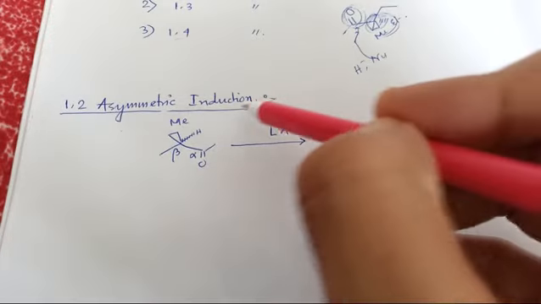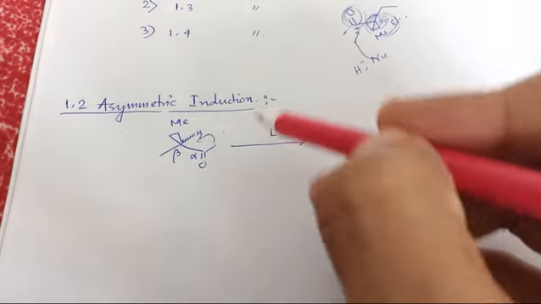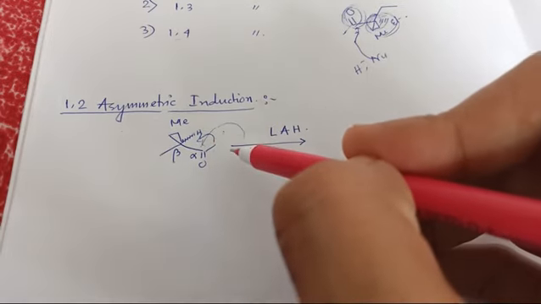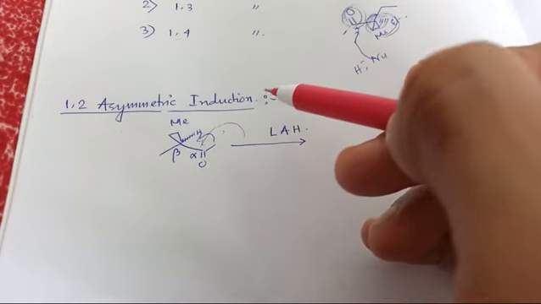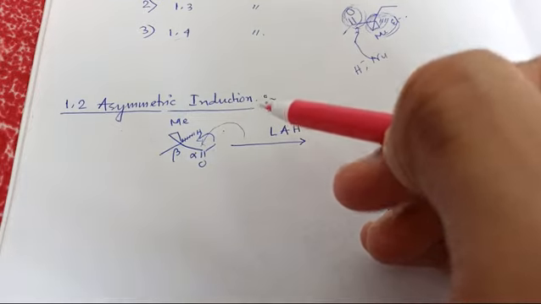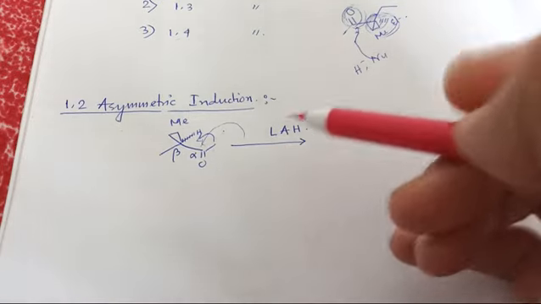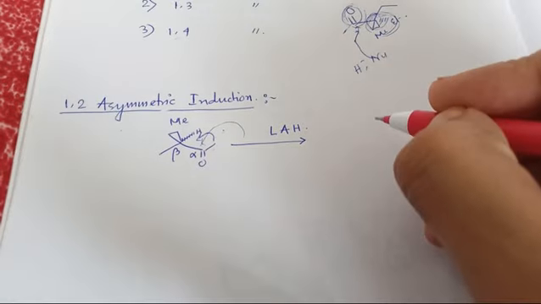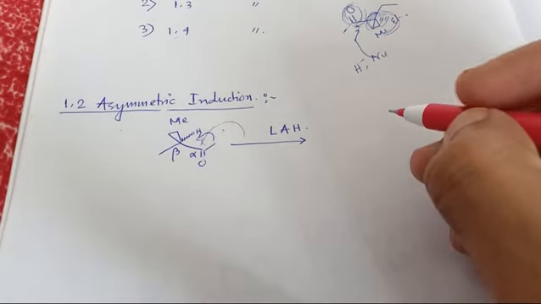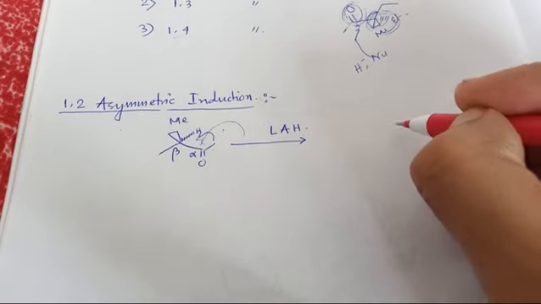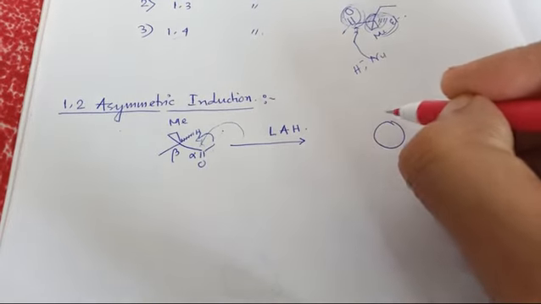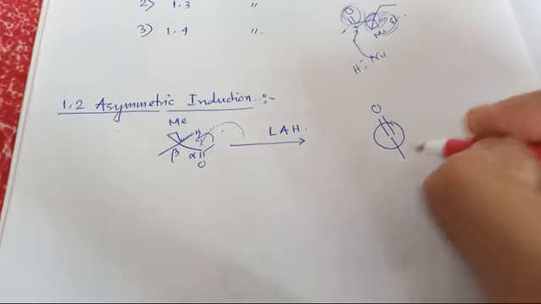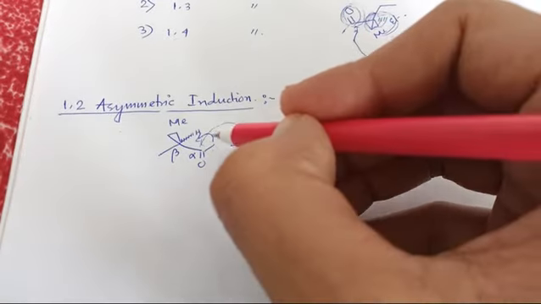So basically what will happen? H minus will attack here, and it will become OH. So there is a generation of a chiral center. I am showing you. Okay, let me change it.